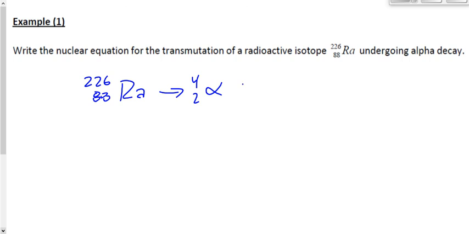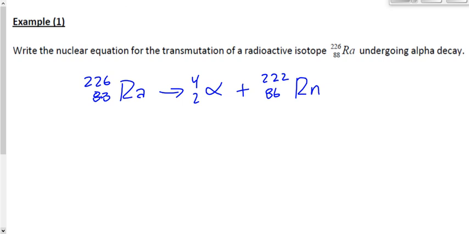What else do we produce here? What else is a product in this? Well, 4 plus 222 is 226. 2 plus 86 is 88. And if we look at a periodic table, 86 is radon, Rn. Now, I don't believe that radon-222 is stable. I believe it's still radioactive.